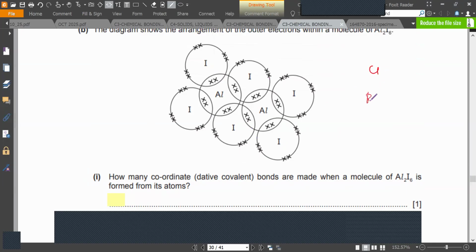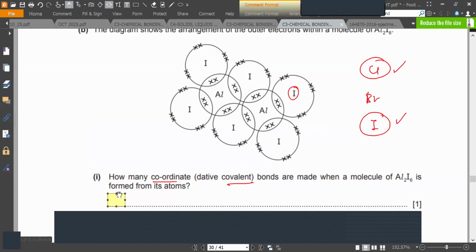Iodine and Cl are in the same group, so the chemical properties are the same. So we replace iodine with chlorine and it forms the same compound. How many coordinate bonds? It's just two, because the aluminium can accommodate only two more electrons.